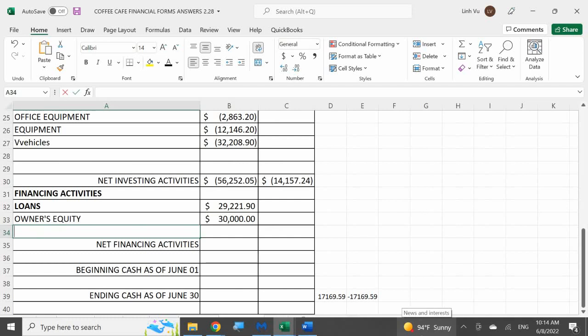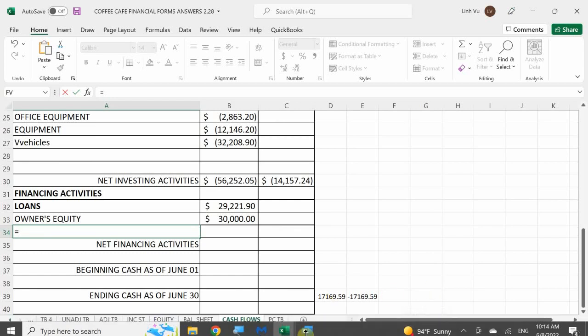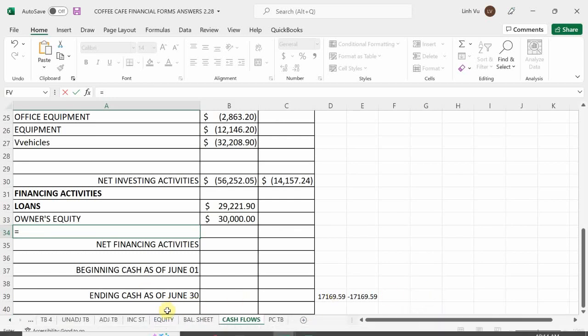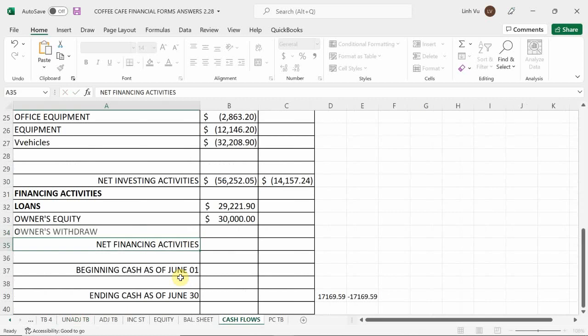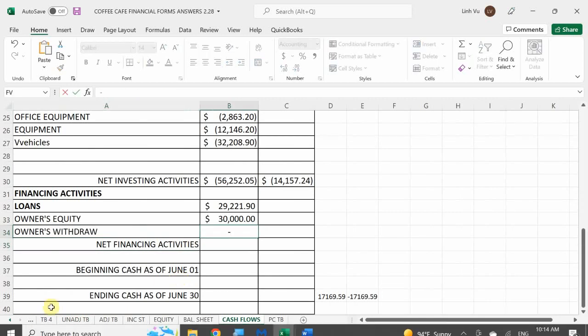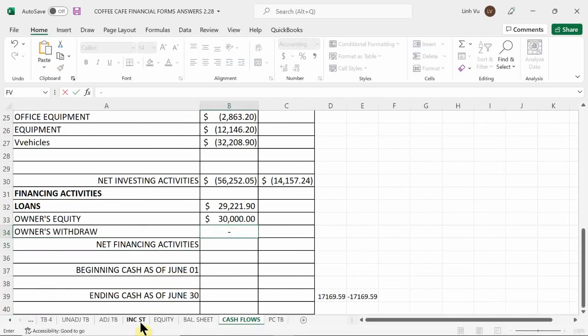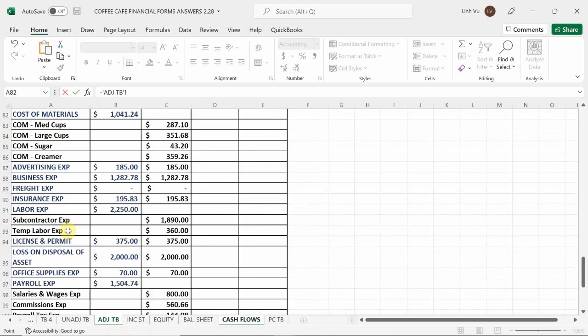An owner's withdrawal would also affect financing your company because you end up financing yourself. You end up hurting the business by taking away money. So in this case, we need to also record the owner's withdrawal, which took away money, because that was cash that you took out, to be a total of $3,000.